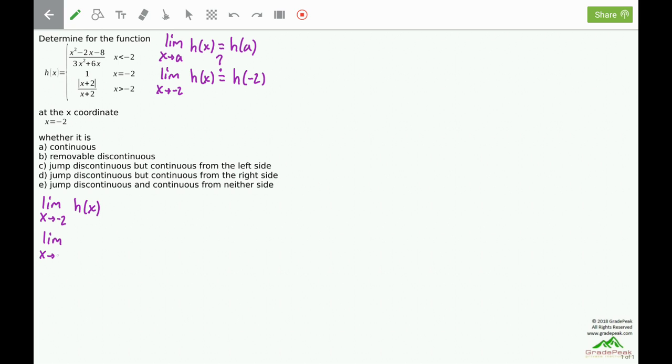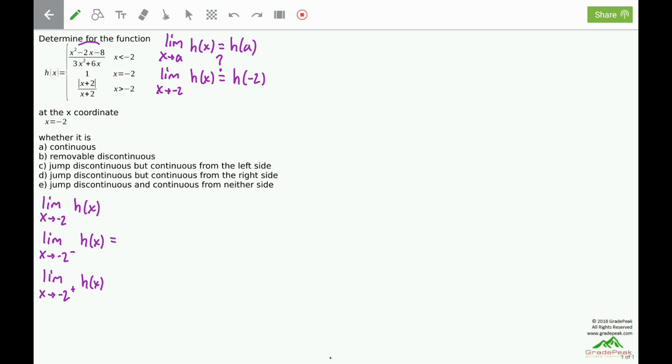We have the limit as x approaches negative 2 from the left side, indicated by the negative superscript on negative 2, and the limit as x approaches negative 2 from the right side, indicated by the positive superscript on the negative 2 of h of x. Let's start with the left-sided limit. The left side of negative 2 means less than negative 2.